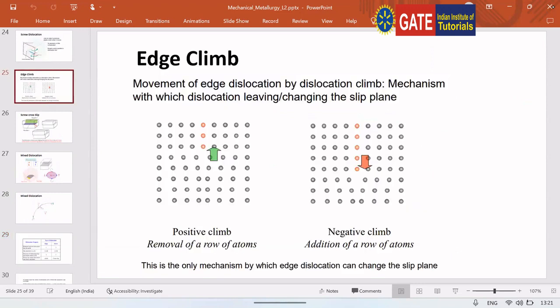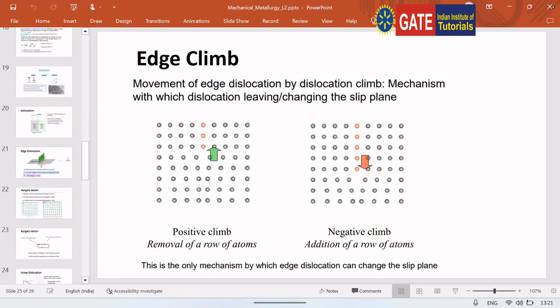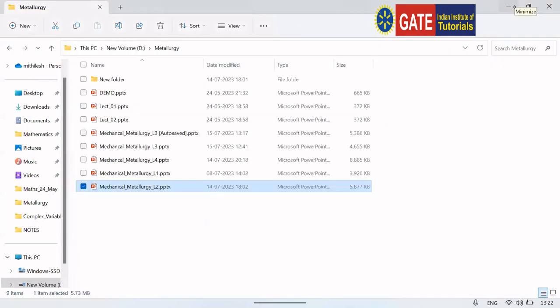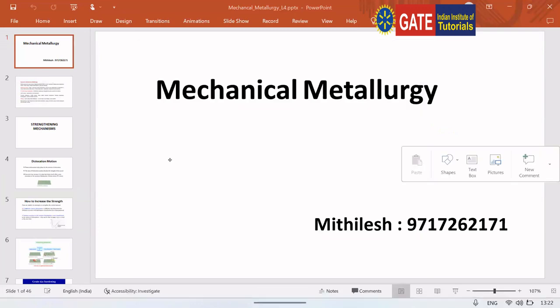It depends on b, the distance between two equilibrium positions of the atoms. It also depends on nu, which is the Poisson's ratio. Okay, now I'll go back to the current slide which I'm talking about.